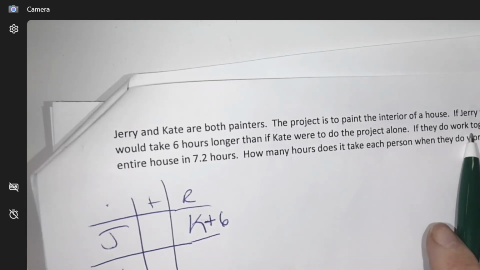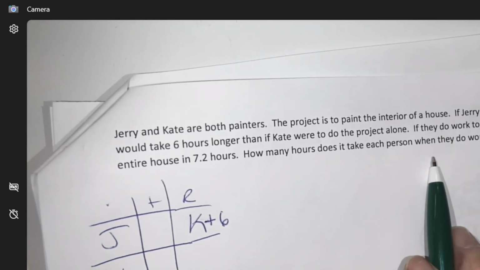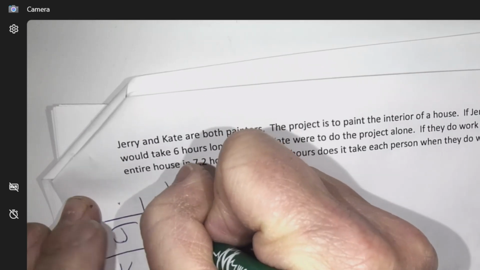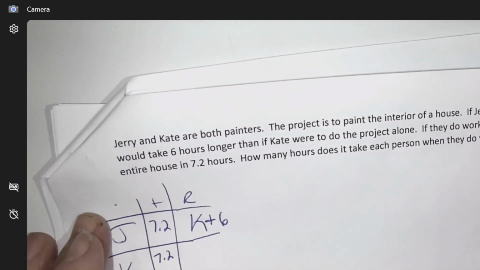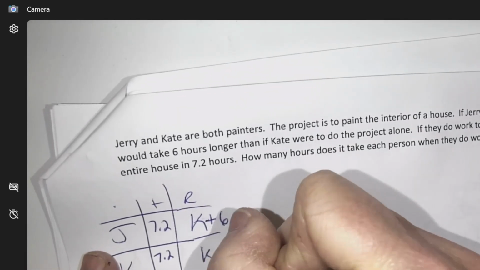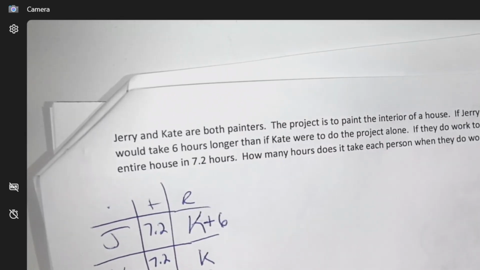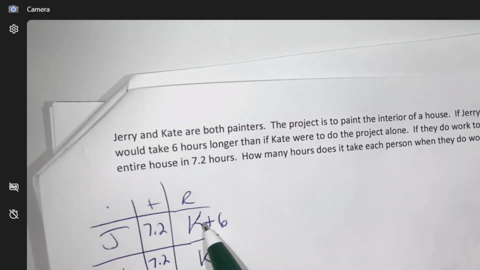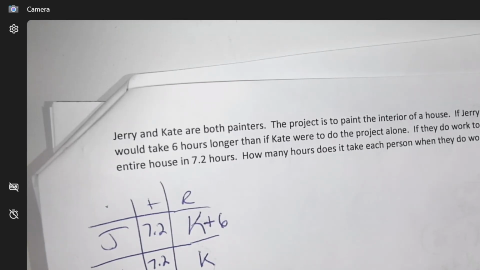If they work together, they can do this in 7.2 hours. So that is a time. And then, I don't know how long it's taking Kate. So Kate is k, and Jerry is 6 more than Kate.